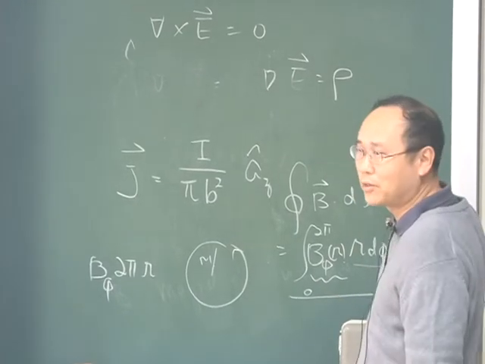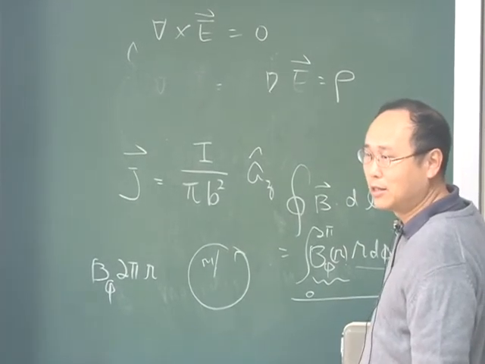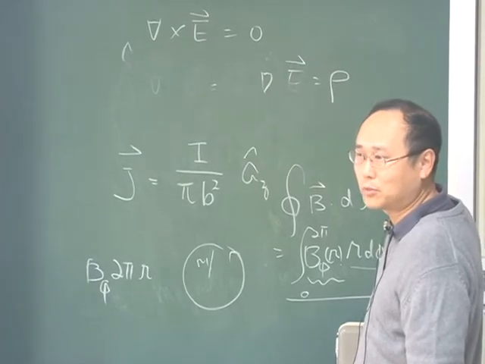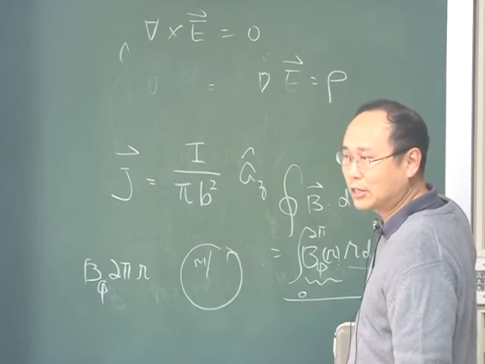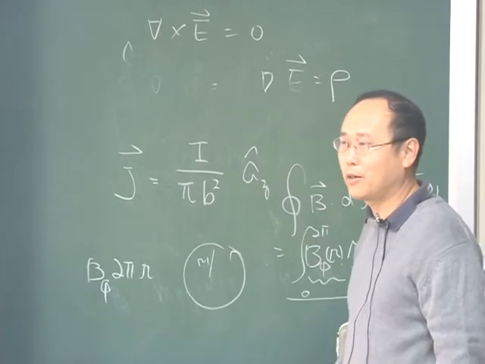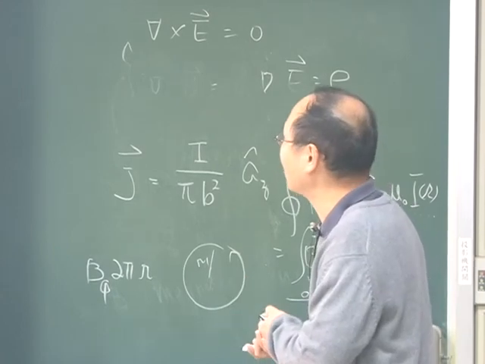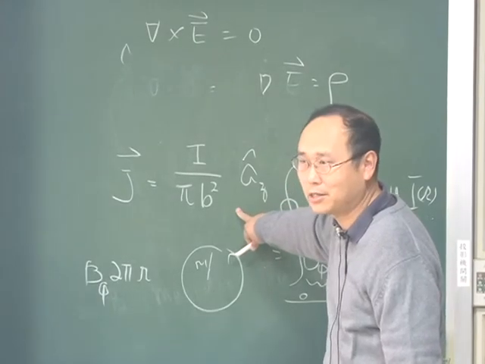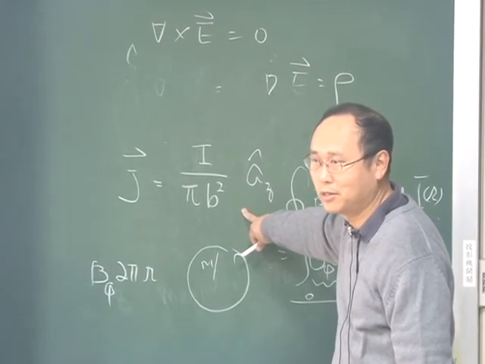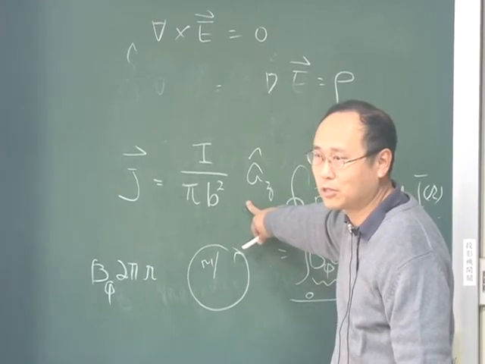Now you only have to worry about the right-hand side. According to the physical interpretation of Ampere's law, I is the current enclosed within this path, the blue circle. So we have to calculate the total current enclosed. Since we know the current density, we multiply it by the area.